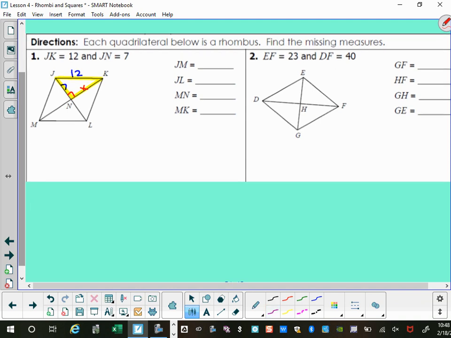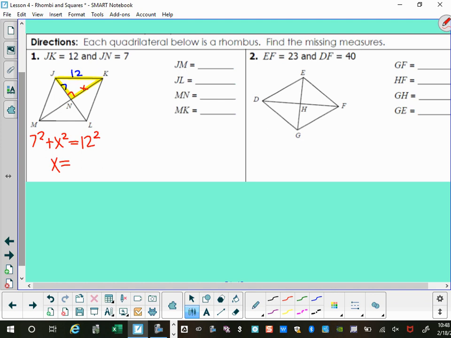So we are going to have 7 squared plus x squared is equal to 12 squared. You can type that right into Desmos. And what do you get for x? If you want to solve it by hand, you can do that too, but we can practice using Desmos.